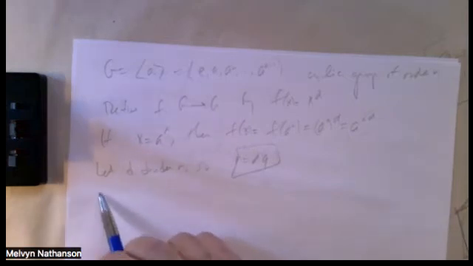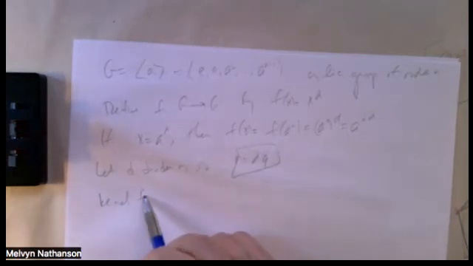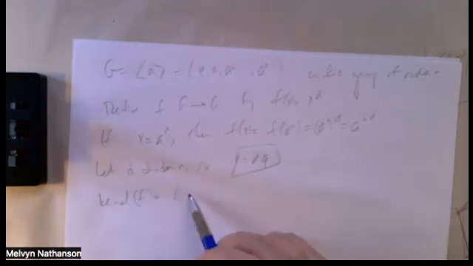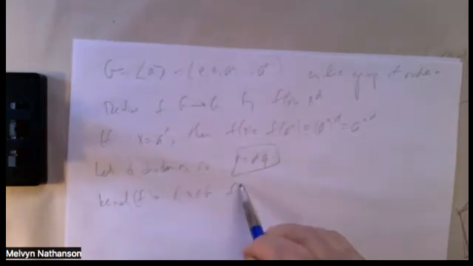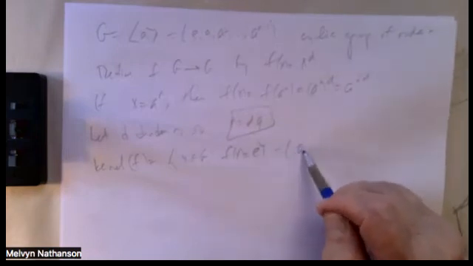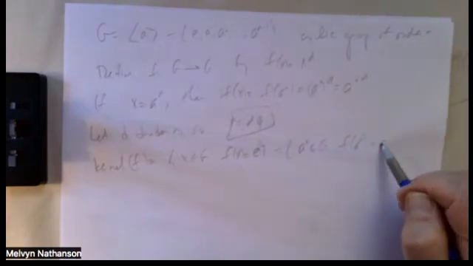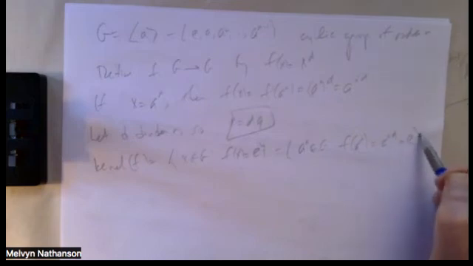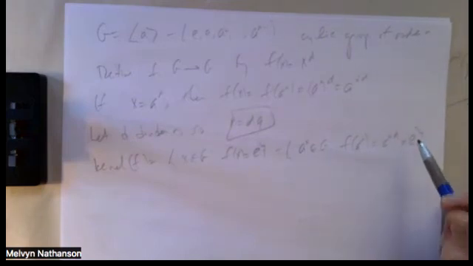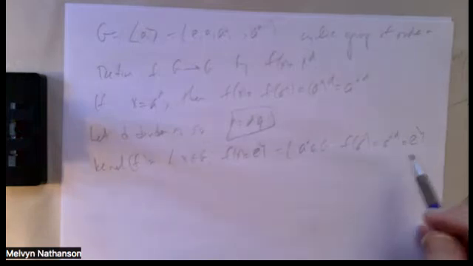So the kernel of f, it's all x in G such that f of x is the identity. That's the definition. So this is all, let's say, a to the i in G such that f of a to the i, which is a to the id, is the identity. a has order n.